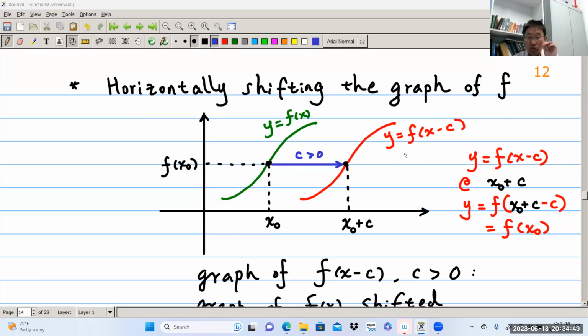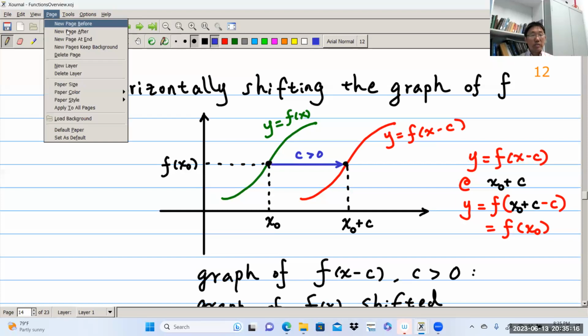Now I'm going to construct a new function by replacing x with x minus c. So I have y equals f of x minus c. What's the graph of this function? The graph of y equals f of x minus c, if c is positive, can be obtained by shifting this green curve y equals f of x to the right by c units. Do you know why that's the case?